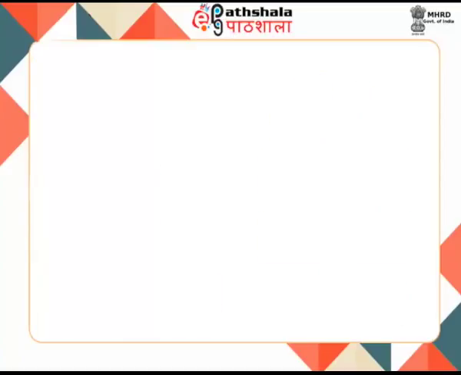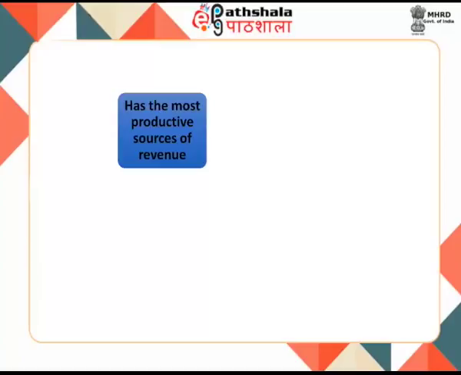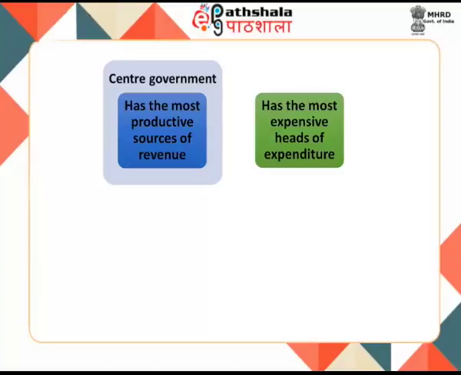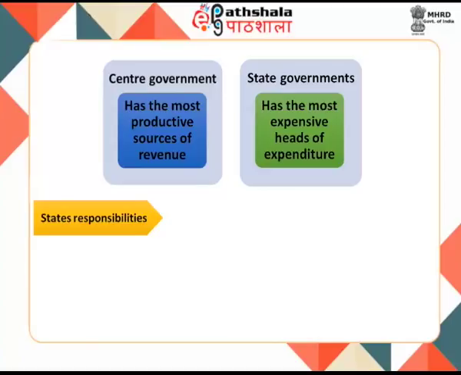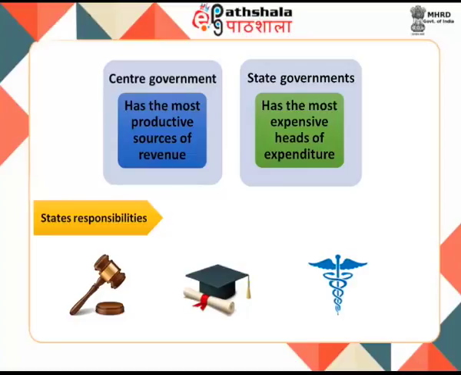In the present scheme of resource distribution, the central government in India has more money than it needs. Most productive sources of revenue are with the center, while most expensive heads of expenditure are with the states. For example, the state governments are directly responsible for the maintenance of law and order and carrying on welfare activities such as education, healthcare, etc. Consequently, the states have less revenue incomes than they need.